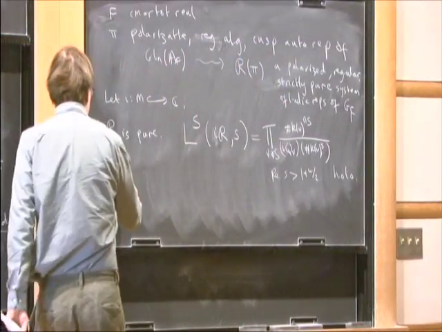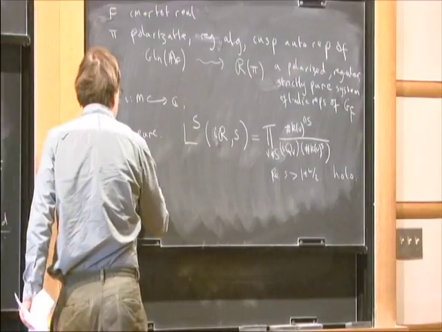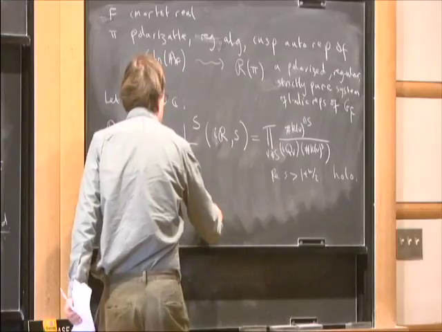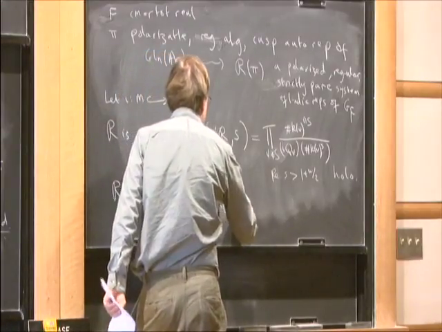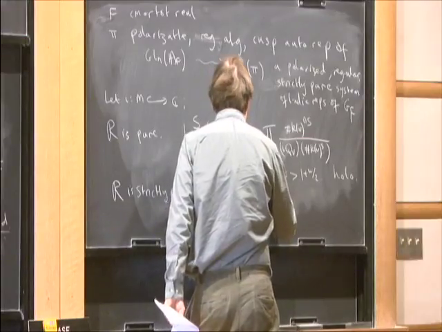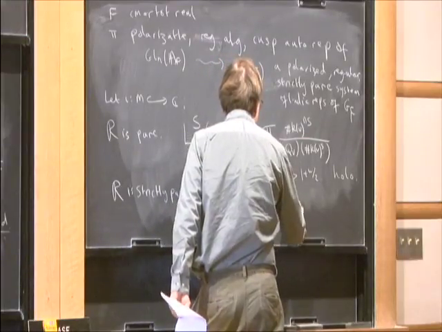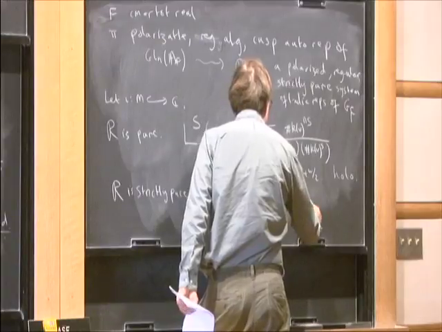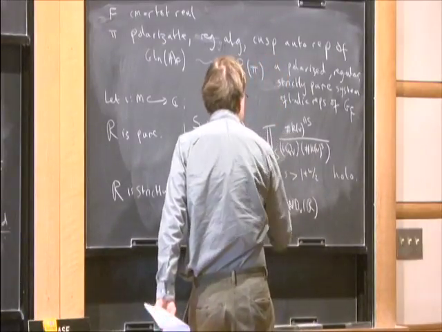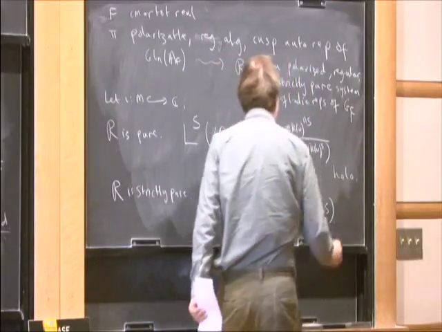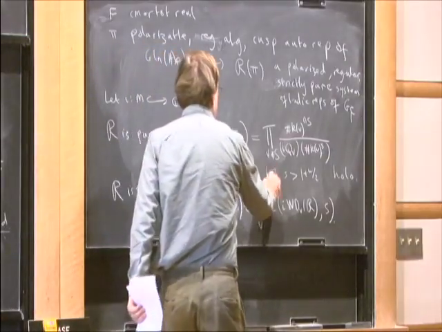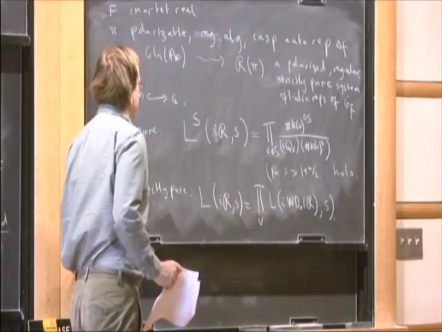If R is strictly pure, we can actually define the whole L function to be the product over all finite places of the usual L factor associated to the Weil-Deligne representation at v of R, made a complex representation by the embedding, which will again converge in the same region and again be holomorphic.